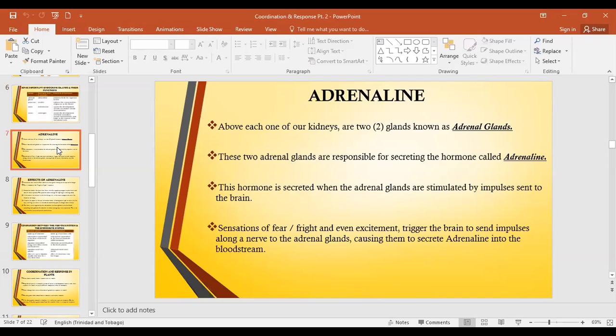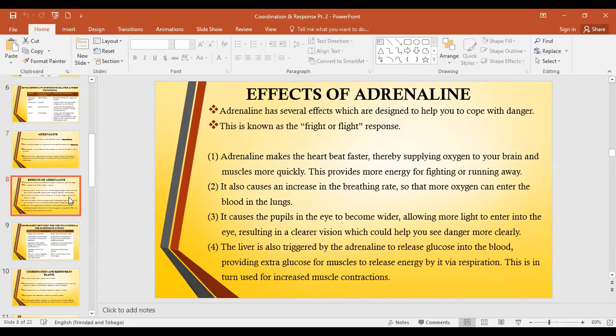All right, so this is what I was just talking about: adrenaline being produced in your adrenal glands. It is produced when you get sensations of fear, fright, or excitement. It triggers the brain to send impulses along the nerves to your adrenal glands, which then secrete adrenaline into your bloodstream, and this is the effect that happens.